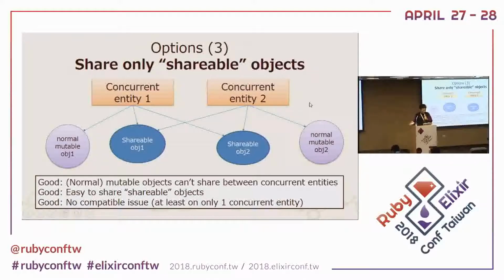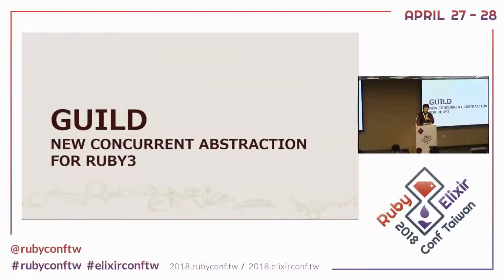This approach is very nice because there is no mutable object sharing, it's easy to share shareable objects, and there are no compatibility issues. If we use only one concurrent entity, there are no compatibility problems with Ruby 2. We are working on this design, named Guild.